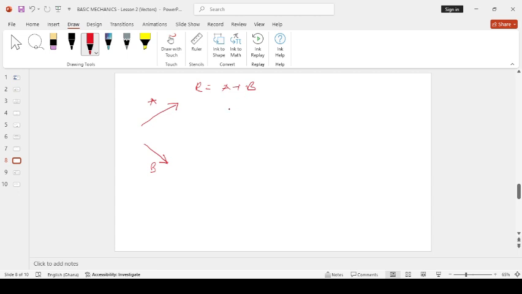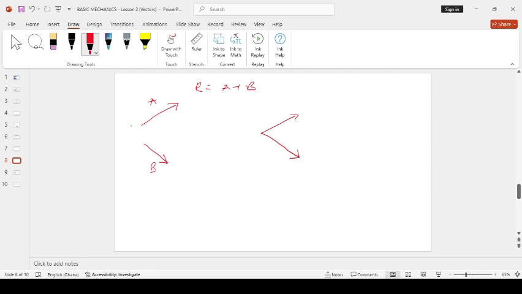The parallelogram law is stating that if two vectors A and B are added together, then their resultant is the diagonal of the parallelogram. So assume I join these two vectors A and B to look like this. Vector A, vector B. Mind you, these vectors have a direction.